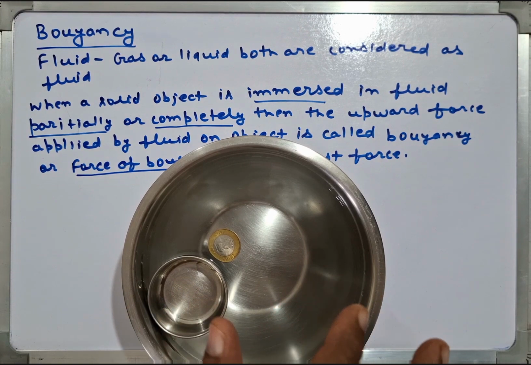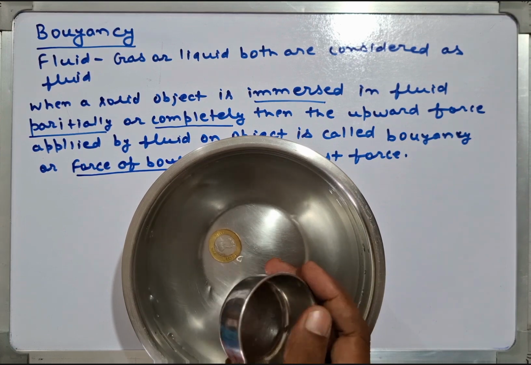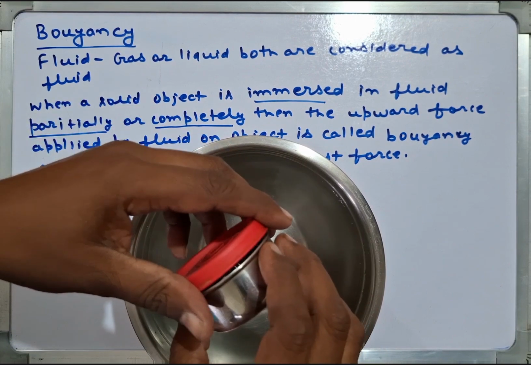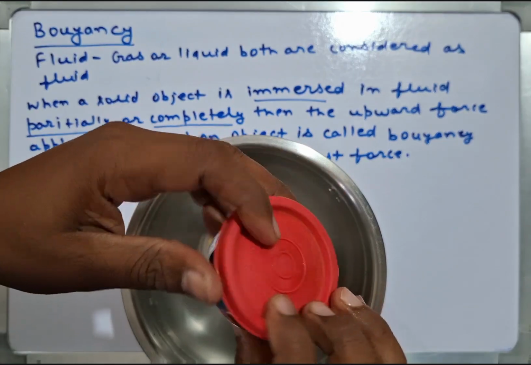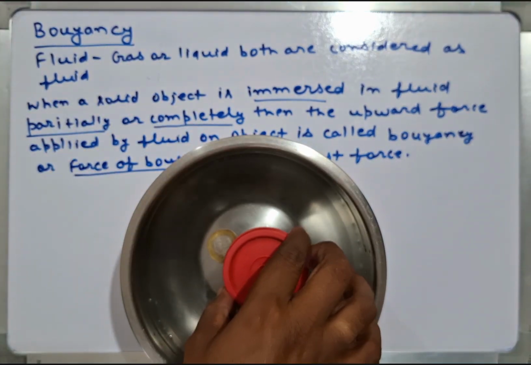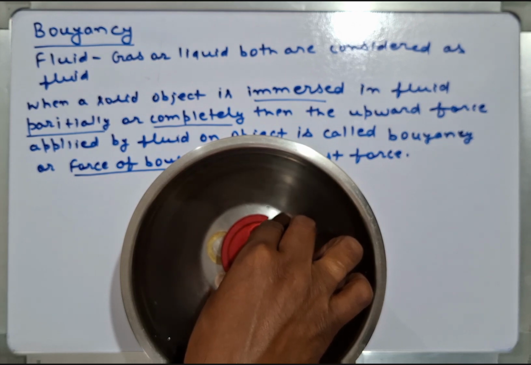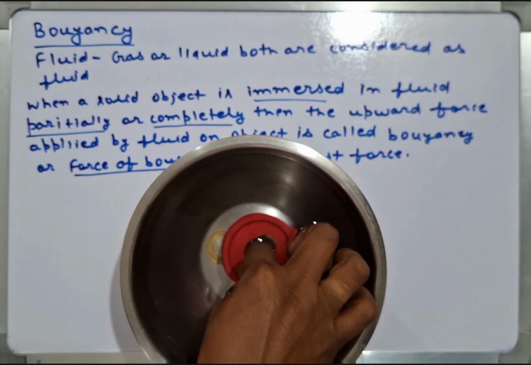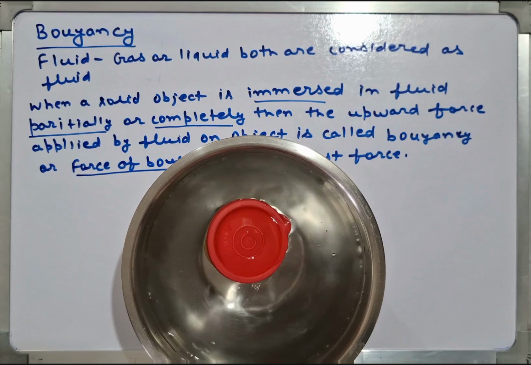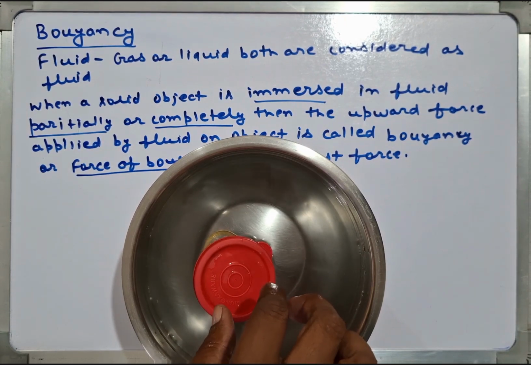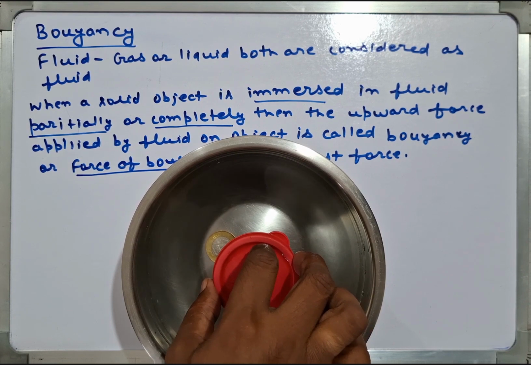Now here you see how the liquid applies the force of buoyancy. Now I close this container airtight. Now see, I dip the container up to the bottom level. Now I apply a force. When I lift my hand, the container comes out from the bottom to the top surface.